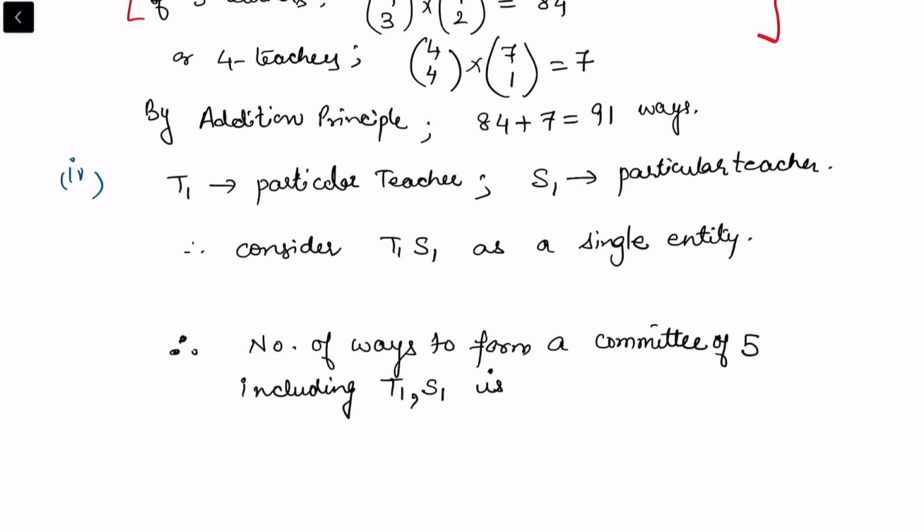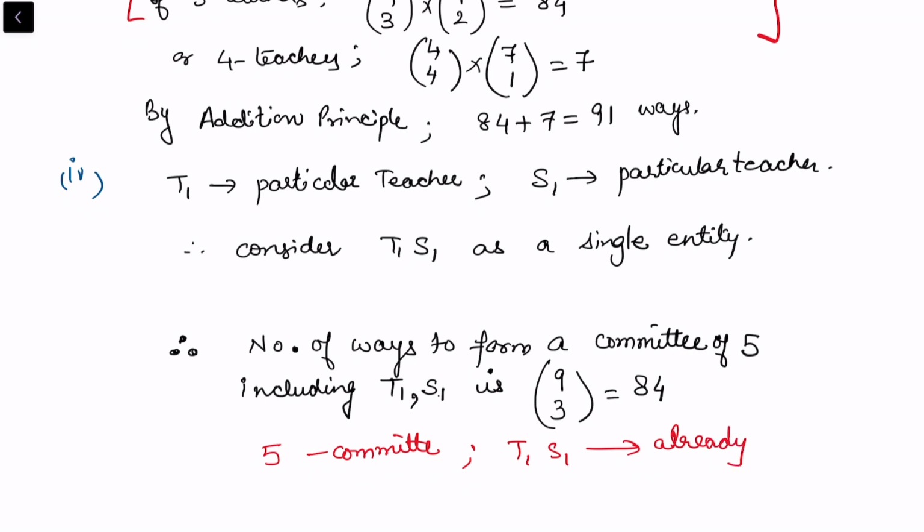So in this case, we will first consider a committee in which T1 S1 is a member, and then we will subtract that from the total, to get the committees in which they are not both members. So the number of ways to form a committee of 5 including T1 S1 is 9C3, that is 84. Here 2 members are already covered in the committee.